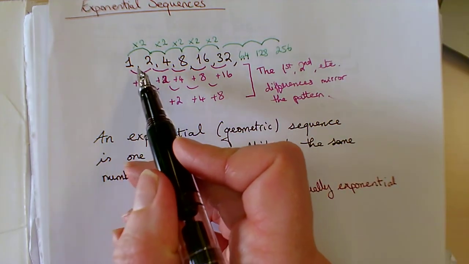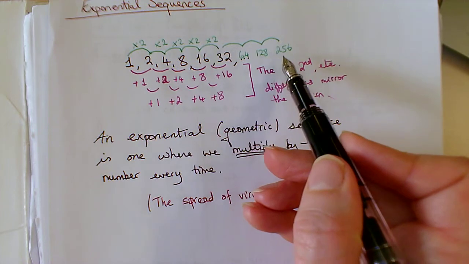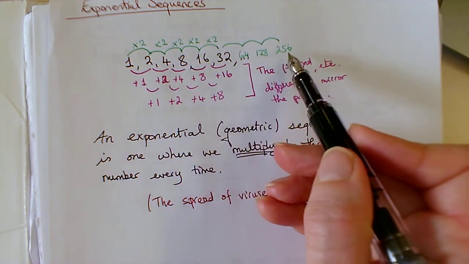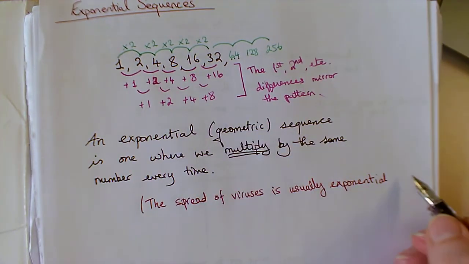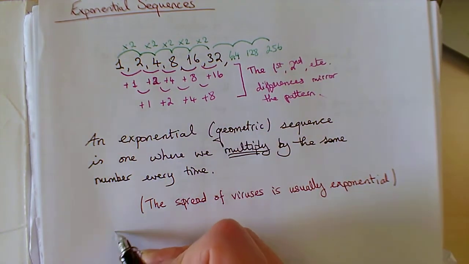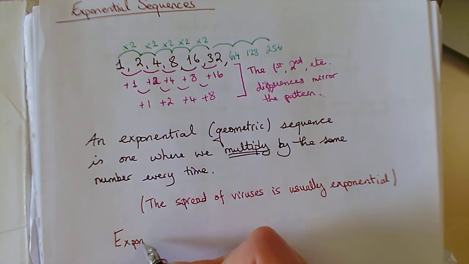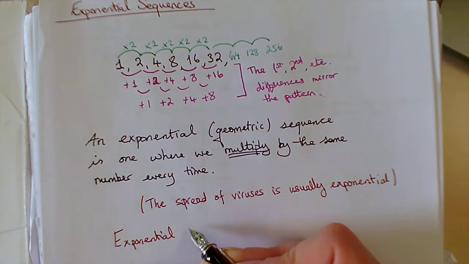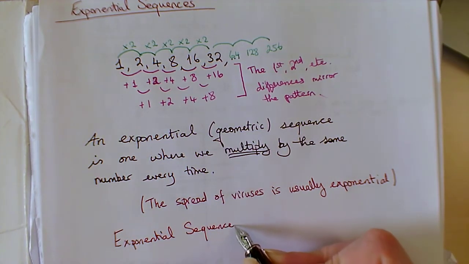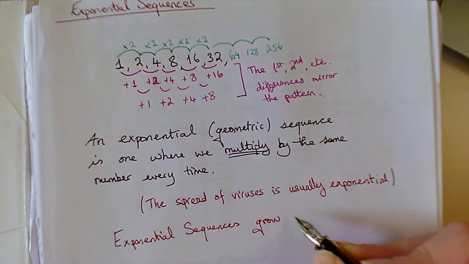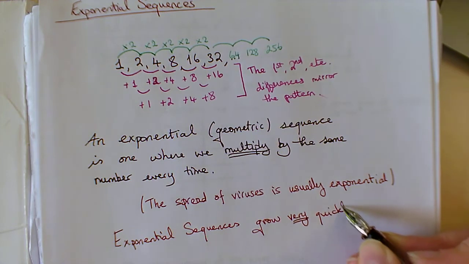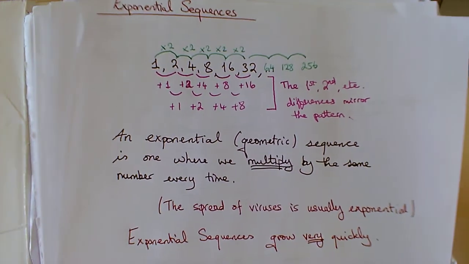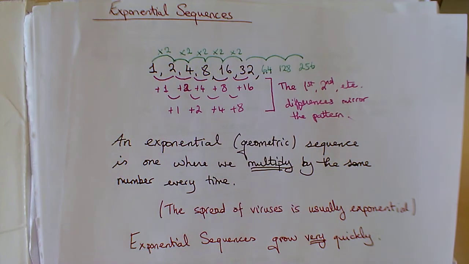It doesn't seem like they're increasing that quickly, but look how by the time we were at the 9th term, we were up at 256 and we just started at 1. So exponential sequences grow very, very quickly. They're doubling or tripling. Okay, that's all you need to know about exponential sequences for the moment.